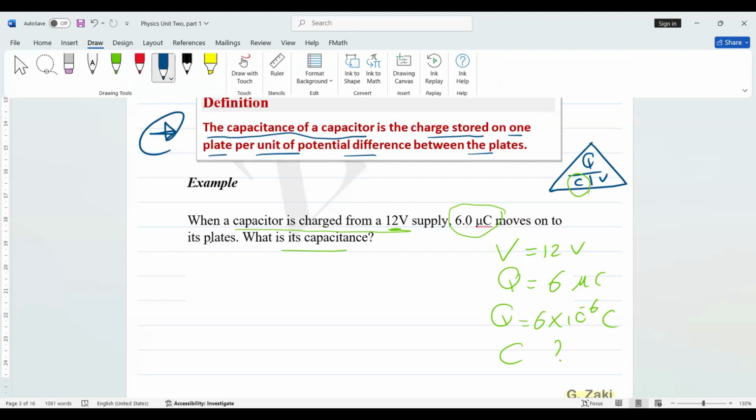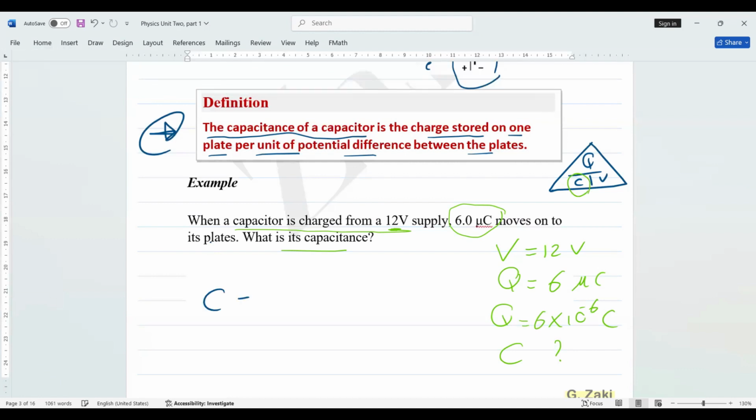So the capacitance C equals Q over V. We do substitution: Q equals 6 multiplied by 10 power negative 6, divided by 12. By the way, if you leave Q in microcoulomb, the answer will be in microfarad.